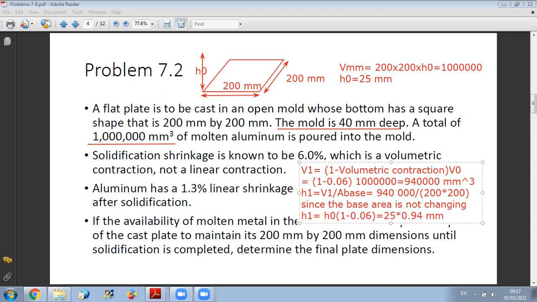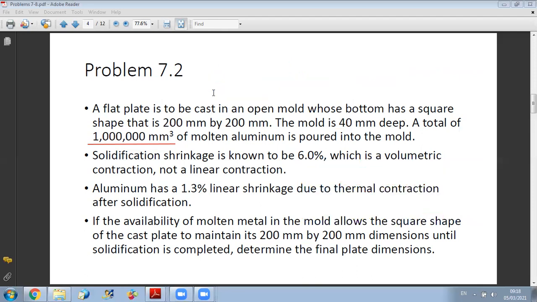Now, once we do this step, we still have a second phase of shrinkage, which is the thermal contraction phase. During thermal contraction, you will have variation in all dimensions, the base dimension and the height. This is why, as I told you, in the second step we have 1% of linear shrinkage.